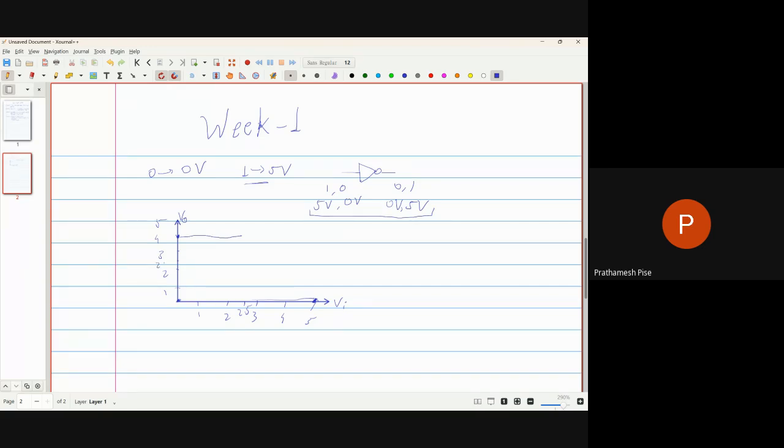At around 2.5, we will consider the region below as low and the upper region as high. So now the characteristic of this gate should be like this. Until 2.5, the output should be exactly 5 volt. I am unable to draw a straight line here.